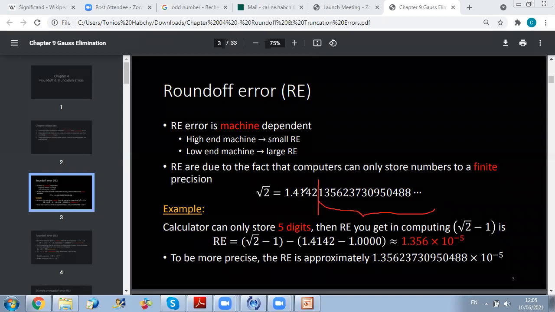In this case, for just radical 2, the round-off error will be the difference between radical 2 minus 1.4142.